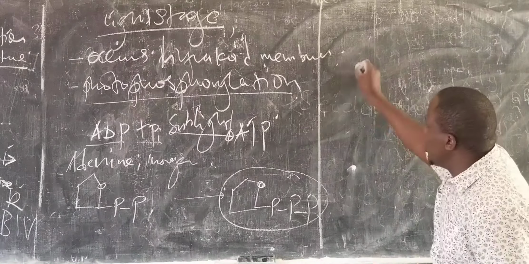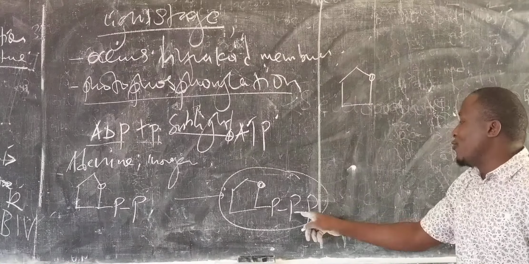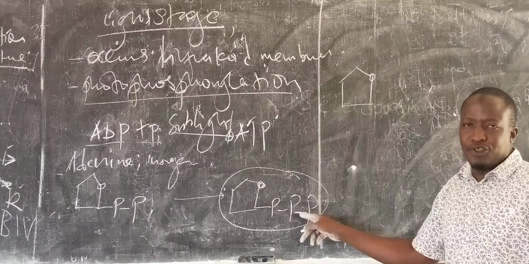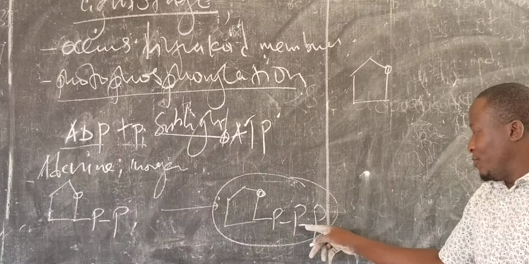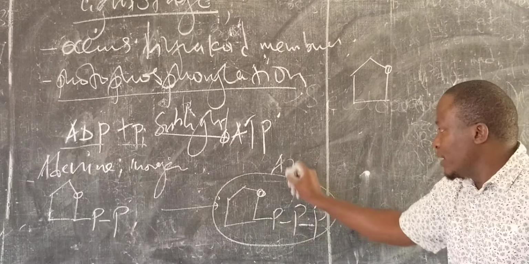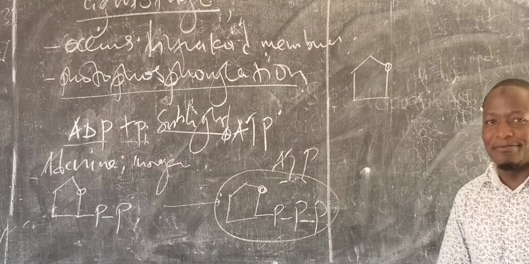Whenever you need it, you break it down by breaking the covalent bond with the phosphate group, and then the bond energy is released. The ATP molecule releases energy in the form of bond energy, and that energy is what biological processes utilize.